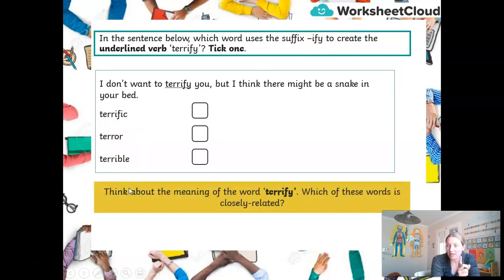Think carefully about the meaning of the word terrify, because that will give you a clue as to which of the previous words it's closely related to. It is, of course, terror. Okay, terrify means to be scared, so terror. So there you go. You can see now we've had a few on prefixes and suffixes.